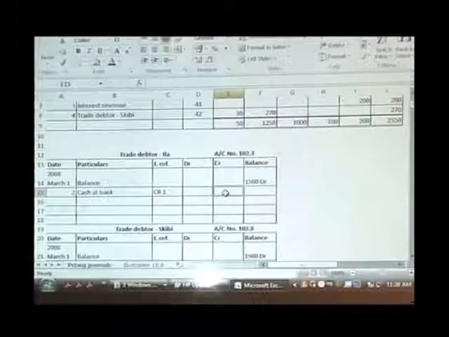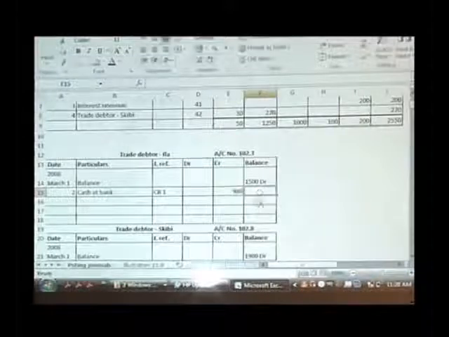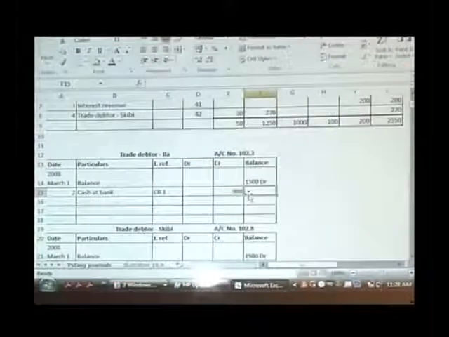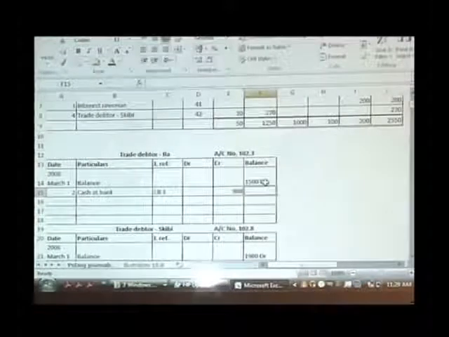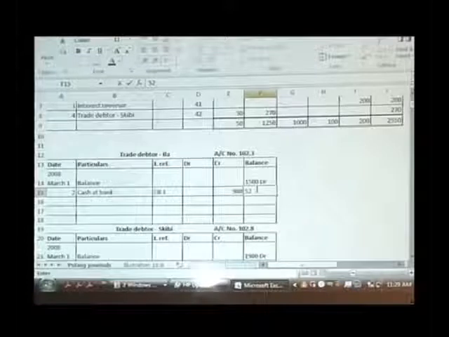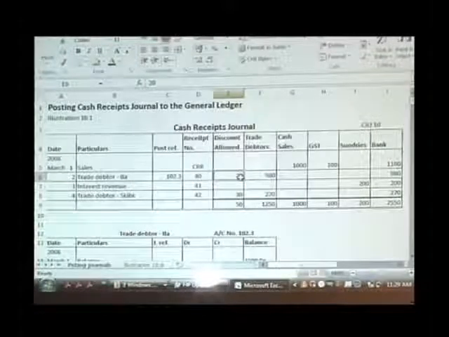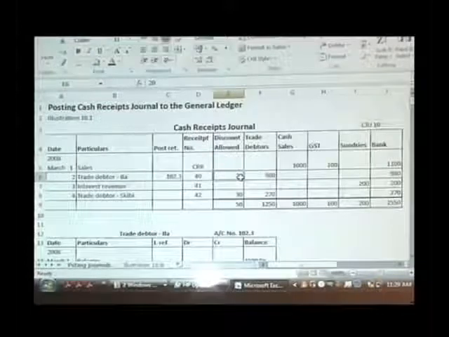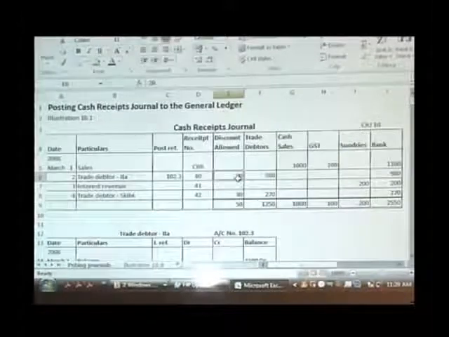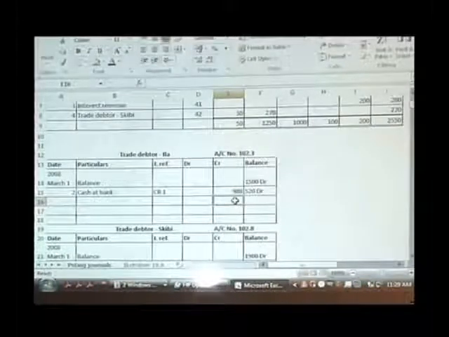The amount received from ILA is 980. 1,500 debit balance, opening balance, minus 980 is 520 debit. And then you can see discount allowed 20, that 20 is also credited to ILA's account.